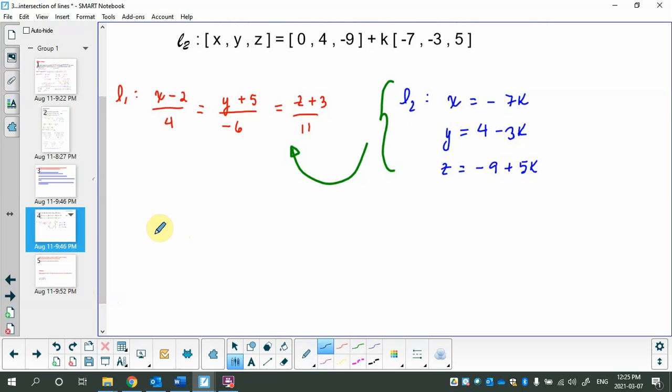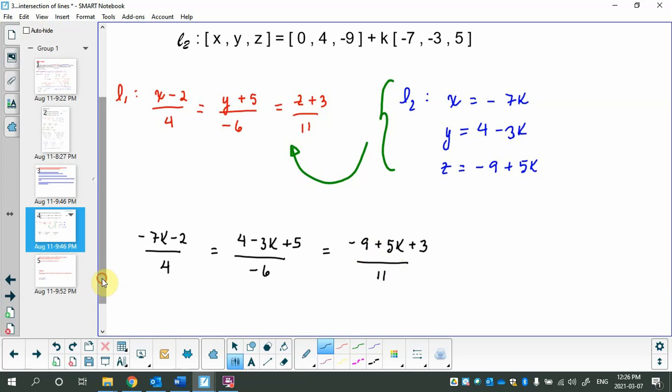So x, negative 7k subtract 2 over 4. That one's easy. Y, 4 minus 3k plus 5 over negative 6. Z, negative 9 plus 5k plus 3 over 11.